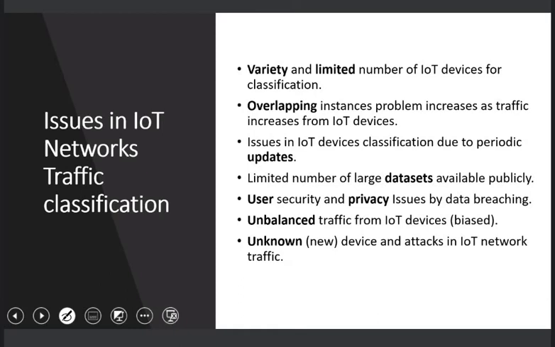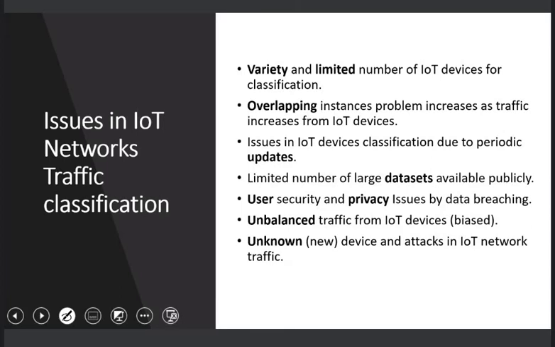Okay. Next could be the overlapping instances problem. It increases as traffic increases. So multiple devices are sending the same kind of data, the same kind of traffic. Sometimes devices are event based, but some are periodic. They are sending continuous data every second, every minute, or every hour.